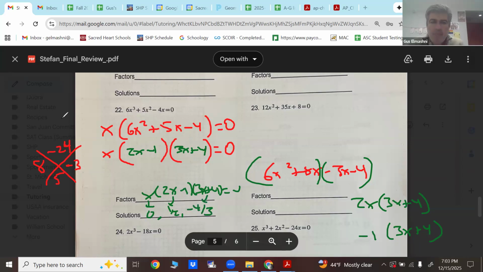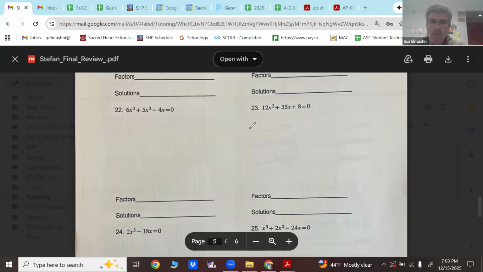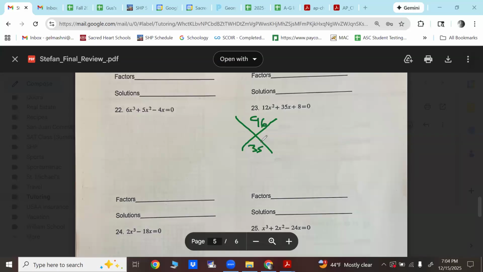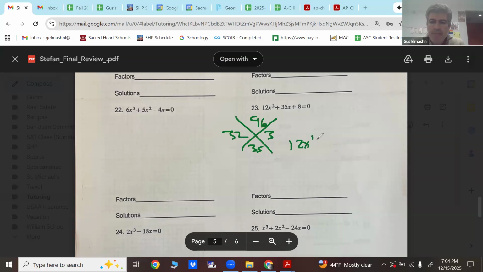Okay. Can I do the same thing here? 32 and 3. Use a calculator if you need to, but then you have 12x squared.